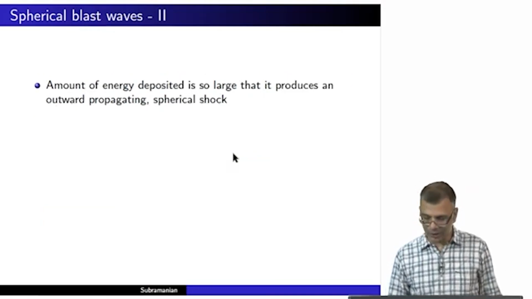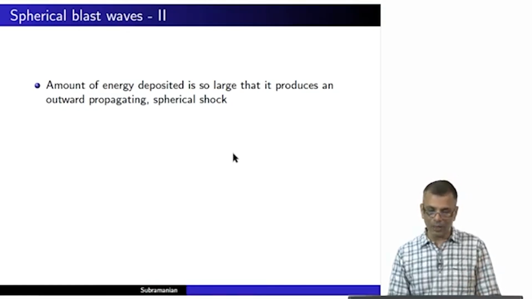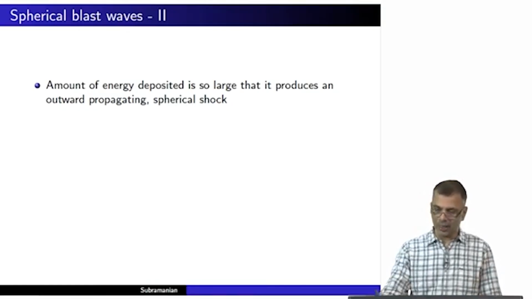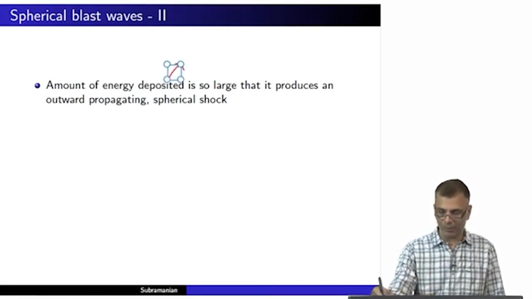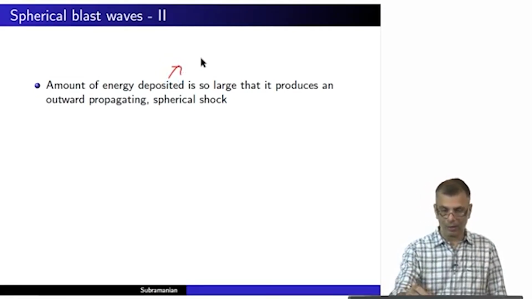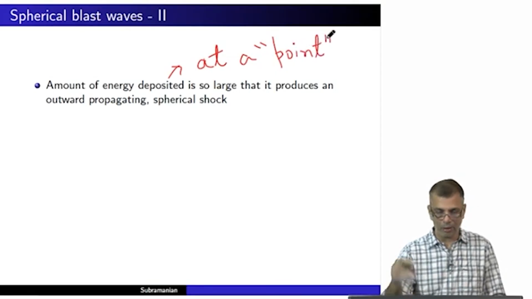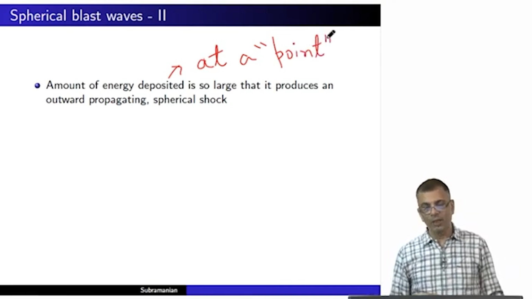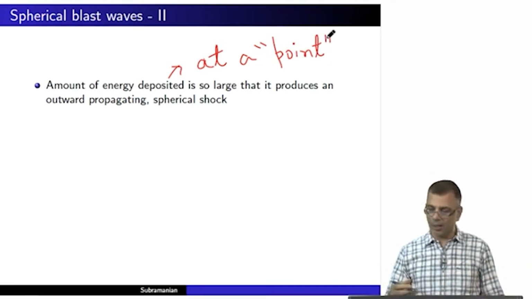Coming down to the physics, what are the central characteristics? Well, the amount of energy deposited at a point, I must say, or in a very localized region, is so large that it propagates an outward propagating spherical shock.